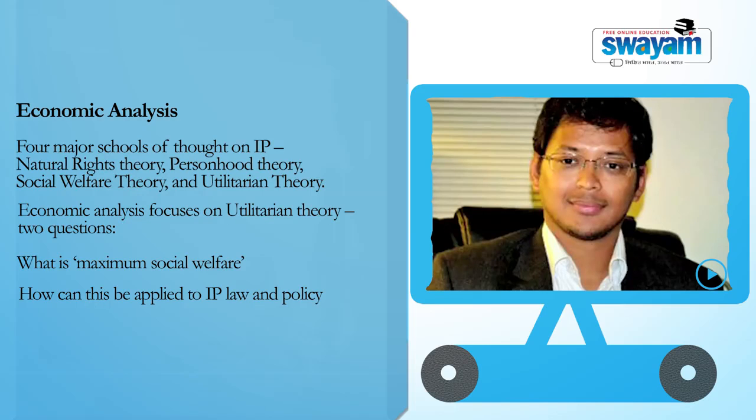Now, for the first question, that is, how do we achieve maximum social welfare? The broad law and economics movement has given us two broad methods which can be used. Firstly is the Kaldor-Hicks criterion.